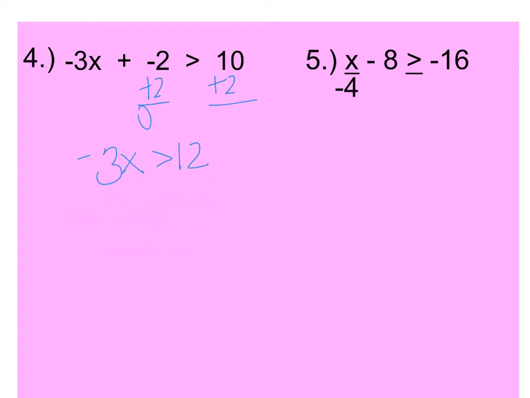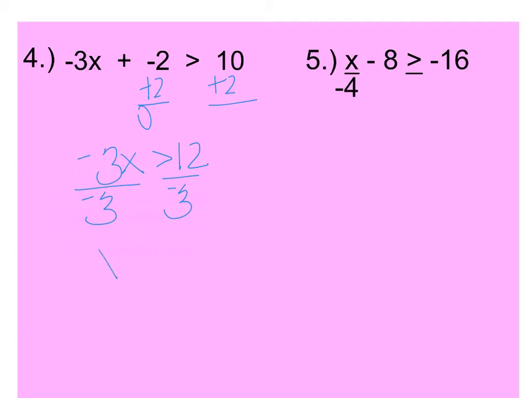Now, in order to get x by itself, think through what we will have to do. We're going to have to divide by a -3. This is where that rule applies. We're in the last step of the problem, and we have to divide by a -3 in order to get x by itself. This is where the special rule comes in.